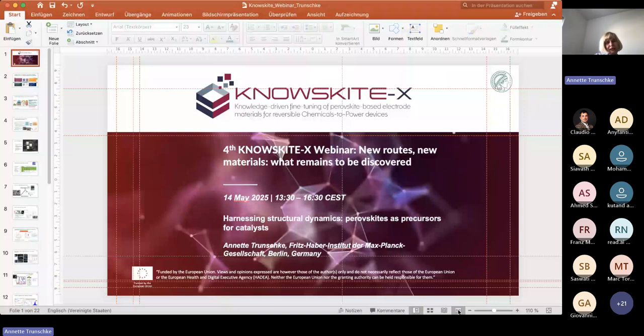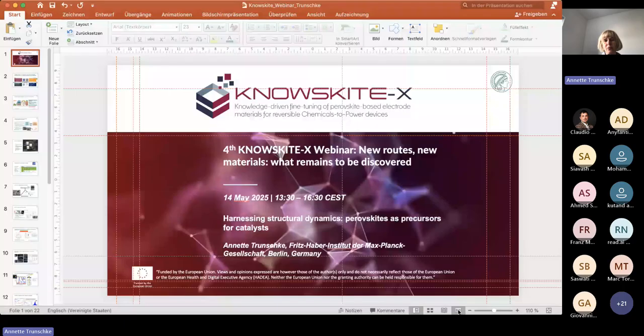I have now selected our work on perovskites in these types of reactions, selective oxidation. The perovskites show a very nice compositional and structural variety. So you can vary the composition over a broad range. But so far, these materials have been mainly applied as substitutes for noble metals in combustion catalysis, combustion of alkanes or volatile organic compounds, or in CO oxidation.